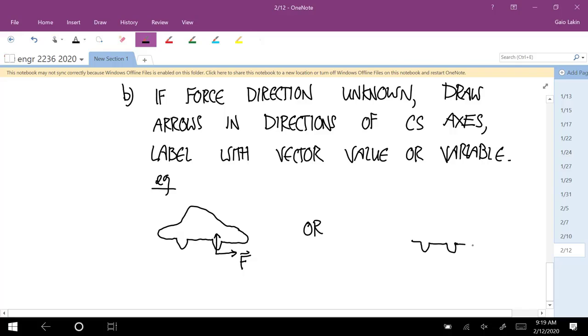So on the left is the way I do it, but this is probably the way more people do it. So this is the component Fx, and this is the component Fy. But it means the same thing. In both cases, you can look at that and tell that there's two variables we need to solve for.